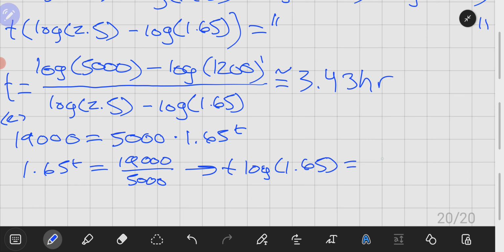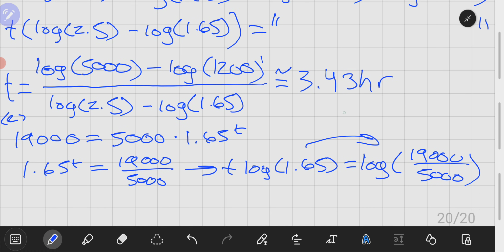T times log of 1.65 equal to log of 19,000 over 5,000. Okay, and then we divide both sides by log of 1.65 so that we can then compute and solve for t, which should come out to be about 2.66586.